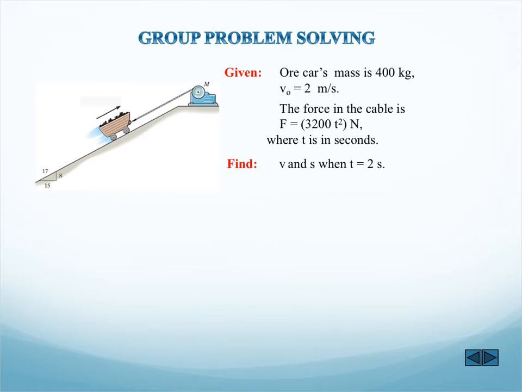Here, we're told that there's a force on the cable, but notice the force is time dependent. We're not saying anything about friction, and so we have to assume that there's just the weight acting downward. And notice this information is going to help us find theta, or just use for sine and cosine.